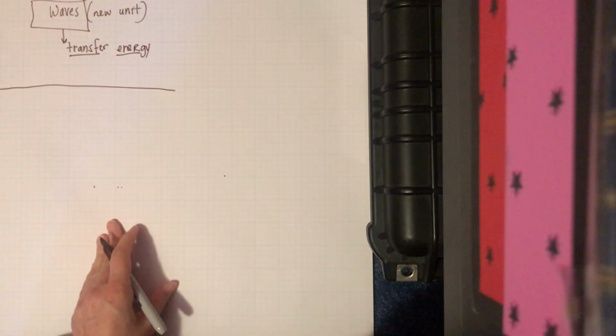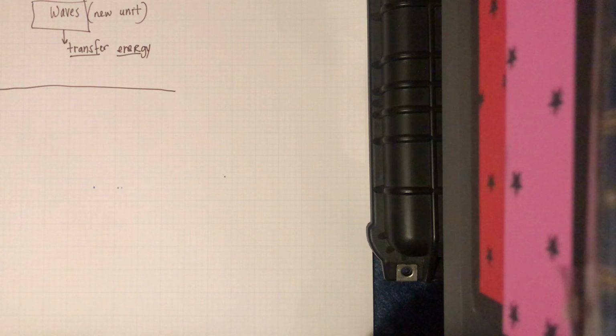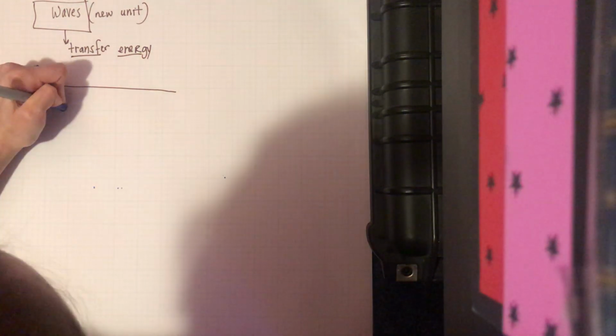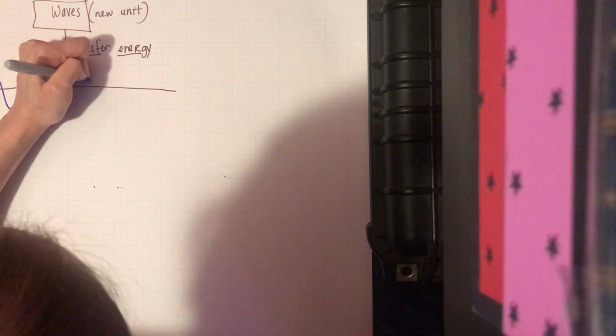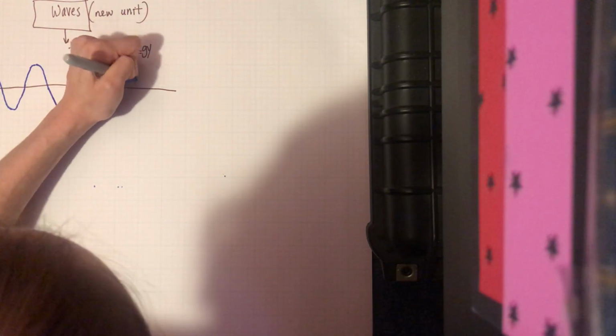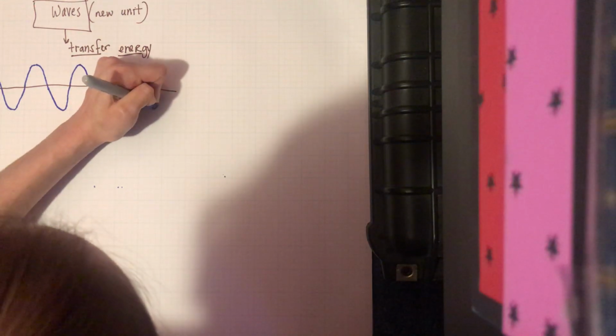So I'm going to draw an equilibrium line. And on that equilibrium line, I'm going to draw a wave. This is one of the benefits to having grid lines on your paper.